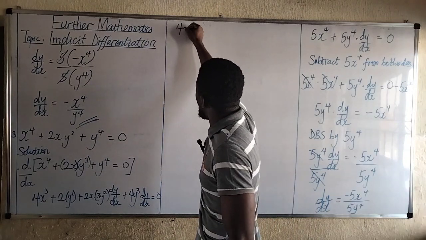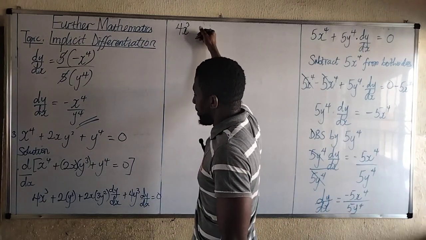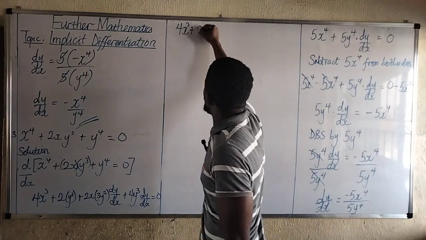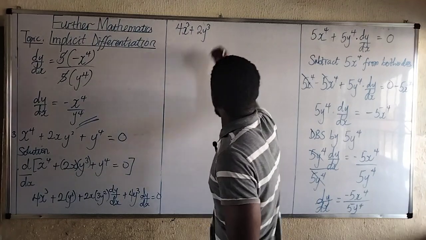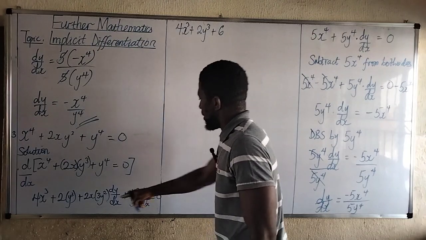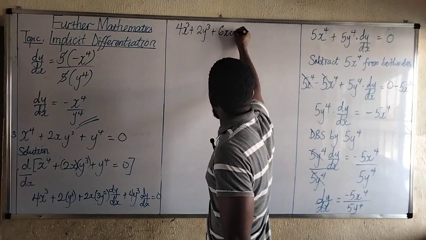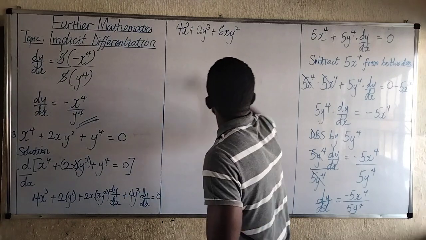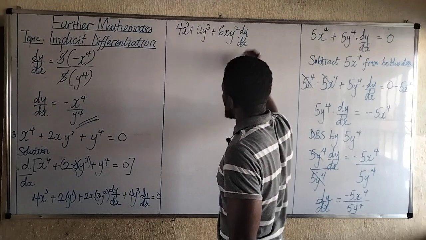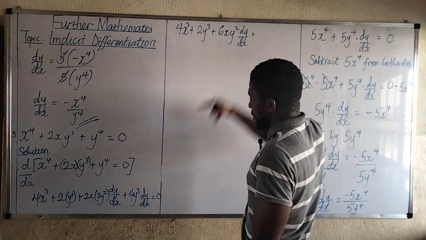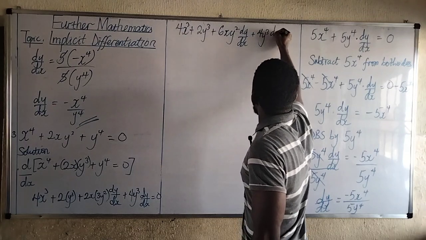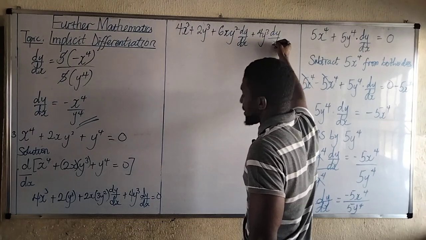We have 4x raised to the power 3 plus 2 times y cubed, which gives us 2y cubed, plus 2x times 3. 2 times 3 will give us 6xy squared. Remember it will be with dy over dx, you attach it there. Plus this will give us 4y cubed. Remember your dy over dx because it's a term in y.